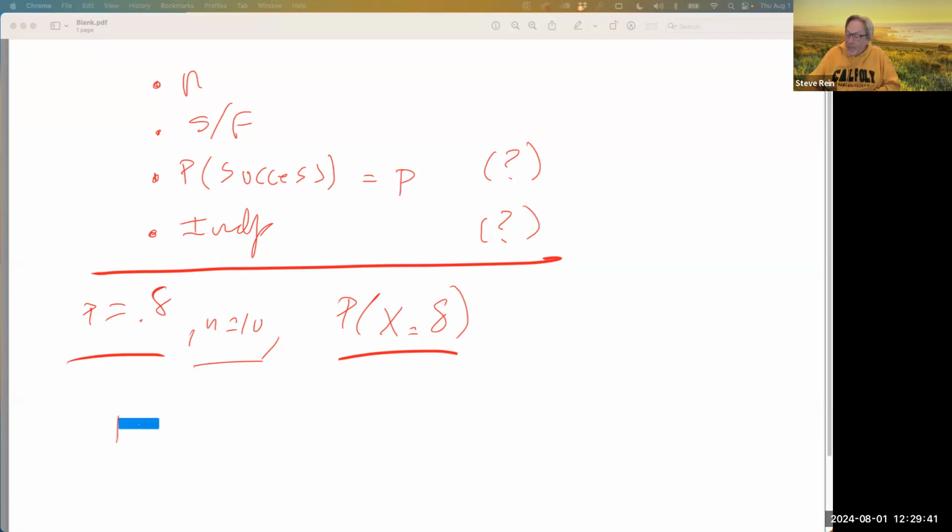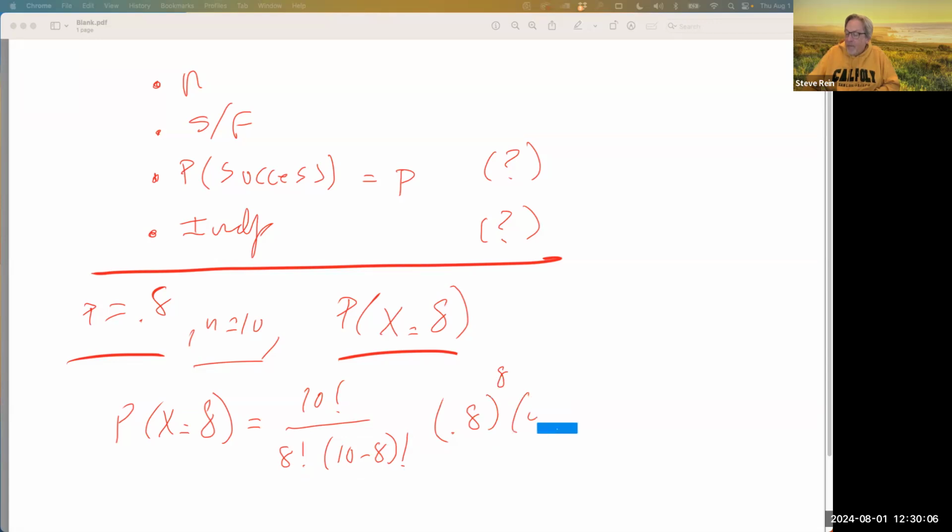Okay, so the probability of exactly x, the number of free throws that are made, the chance that that's exactly 8 would be 10 factorial over 8 factorial, then 10 minus 8 factorial, times 80% is the chance of success to the 8th power, times 1 minus 0.8 to the 10 minus 8.